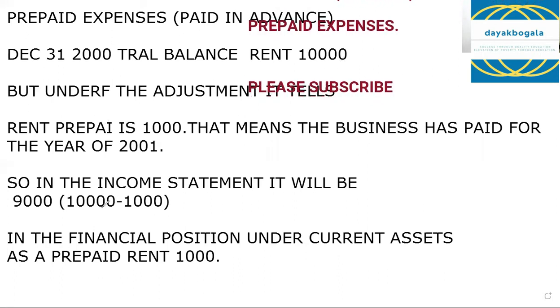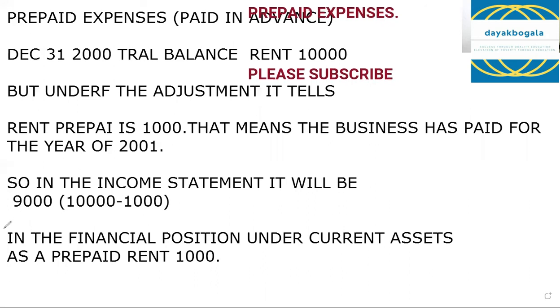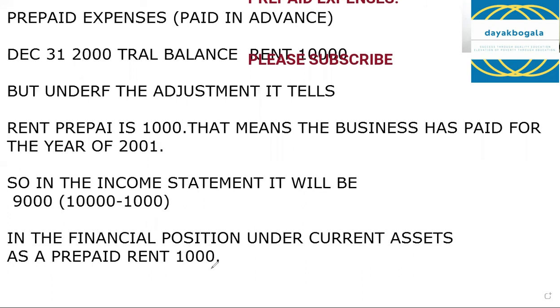But the total 10,000 you cannot enter under the income statement, because this 1,000 does not belong to this year. As a result, 10,000 minus 1,000, you enter only 9,000 under the income statement. But in the financial position, this 1,000 you have to enter under current assets.